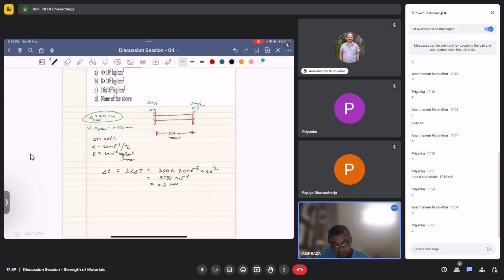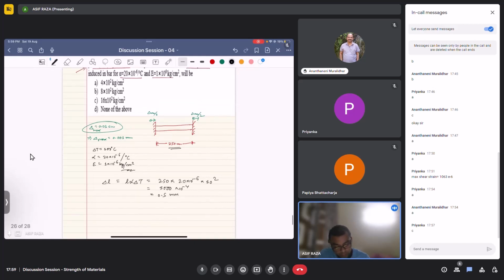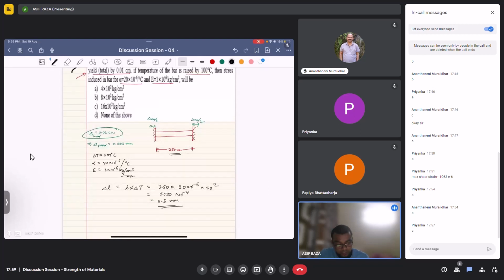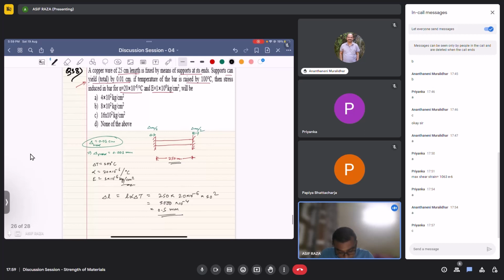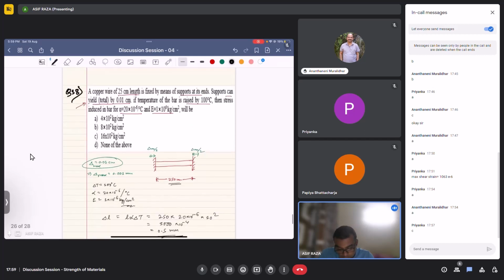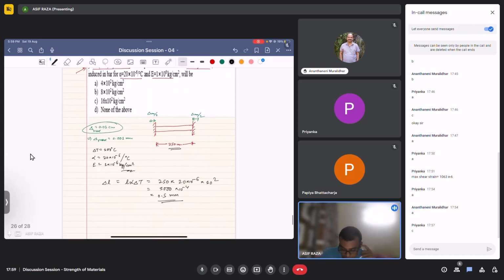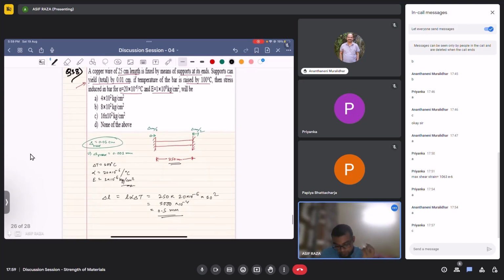And see, if it had been allowed an extension of 0.5 mm, it would have extended at both ends, right? Let me see if I'm not making a mistake. Yeah, this is 0.1 mm, right?